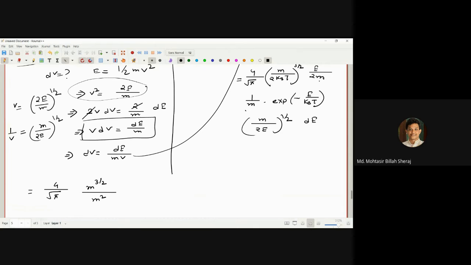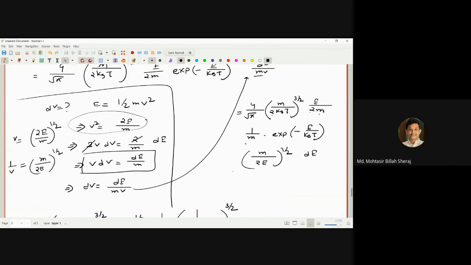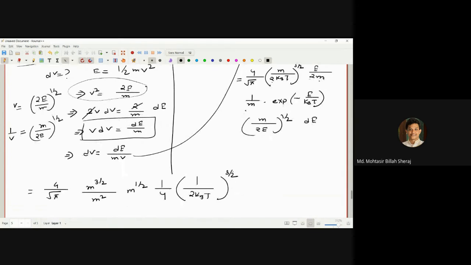We will take m out of this bracket, which is m^(1/2), and these two you will get 1/4. Then (1/2kBT)^(3/2) will remain like this.